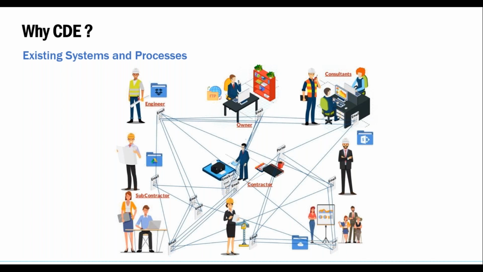Now, what you see in this diagram here is that for a project to be executed, the information that is generated or the scope that is specified by the owner, based on that, the design data is produced by multiple consultants, and these consultants produce various types of data.